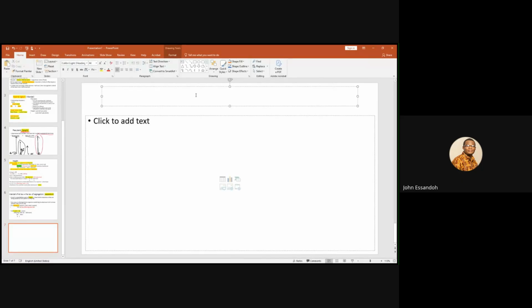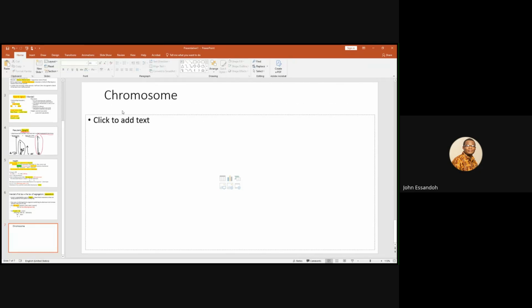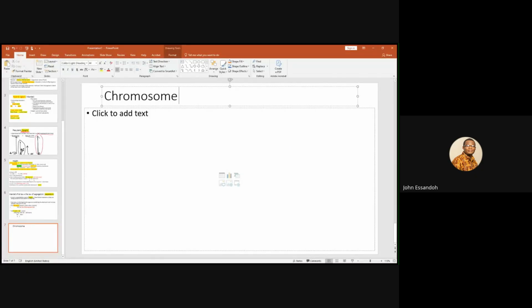So what Mendel did, now we know there's a word called chromosome. Chromosome, right? Good. And according to Mendel, a trait is controlled by what? A pair of what? Alleles. And on the chromosome, we have what? We have genes.